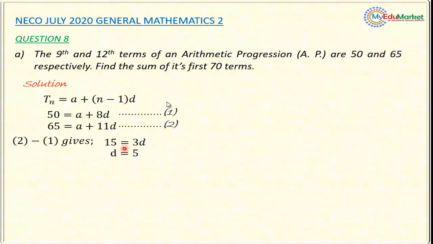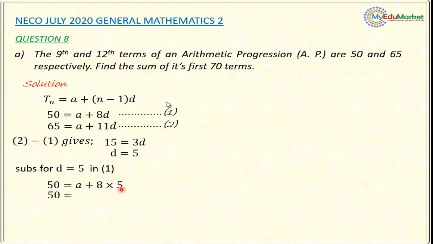I can now substitute d with 5 in either equation 1 or equation 2 so that I can get my first term, a. Substituting d equals 5 in equation 1, which says 50 equals a plus 8d, I'm going to have 50 equals a plus 8 multiplied by 5.